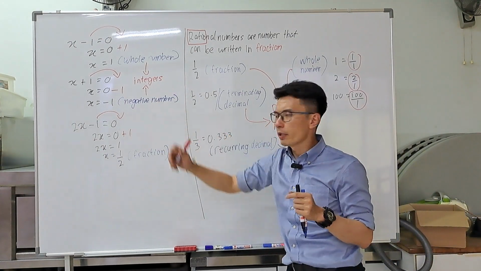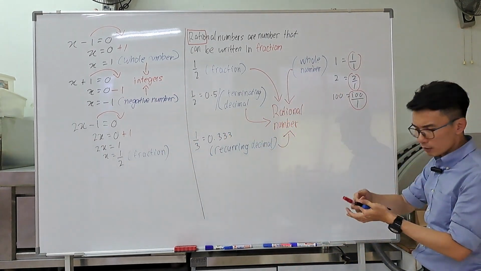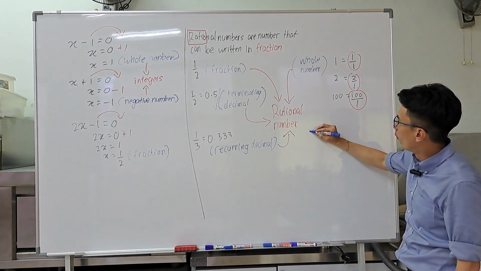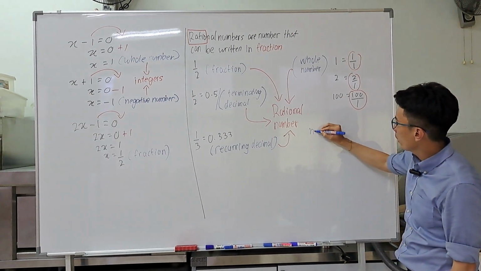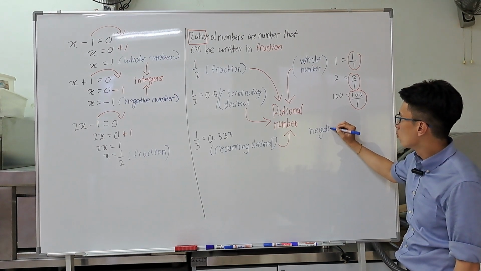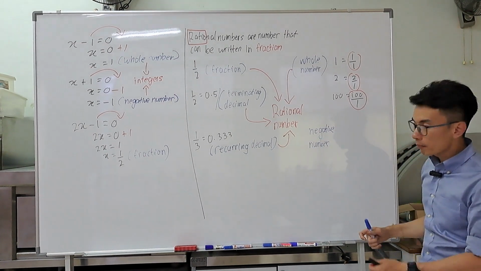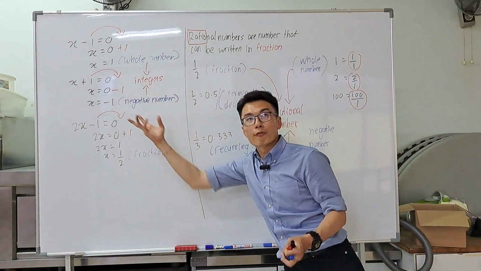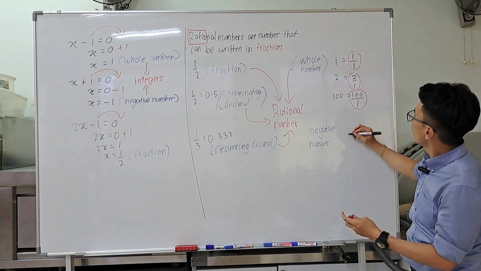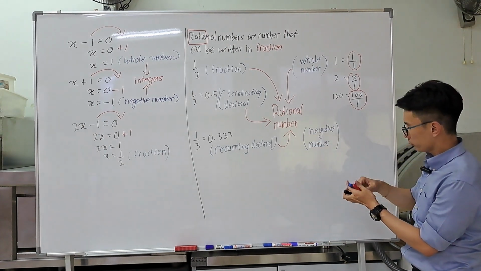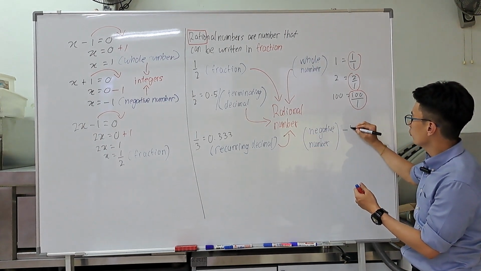What about negative numbers? Can we do the same thing? Let's take a look. I have a negative number here. For example, negative 1.